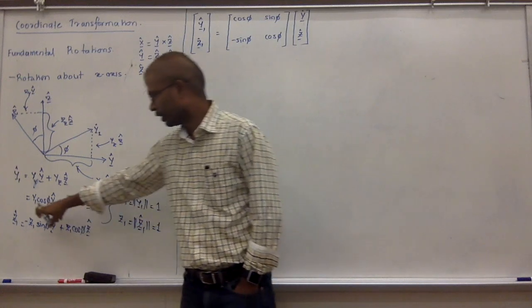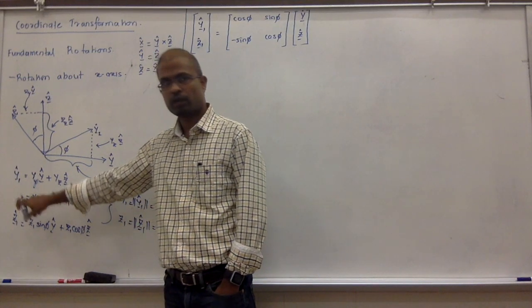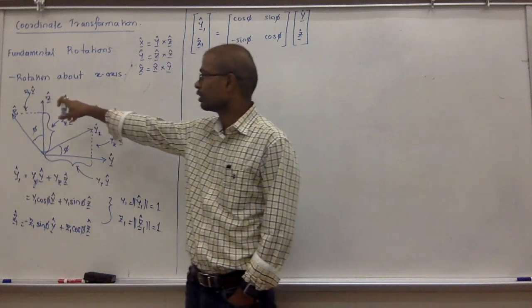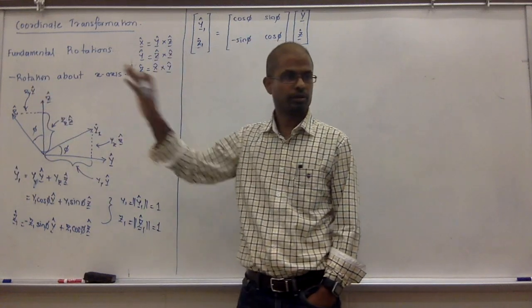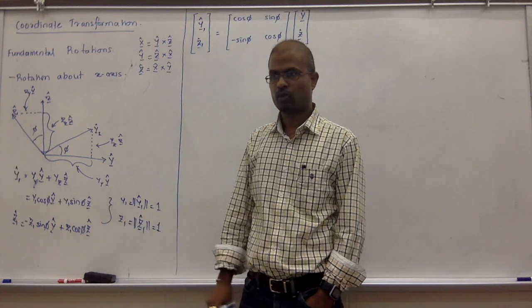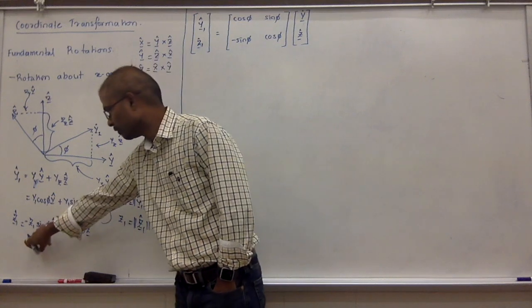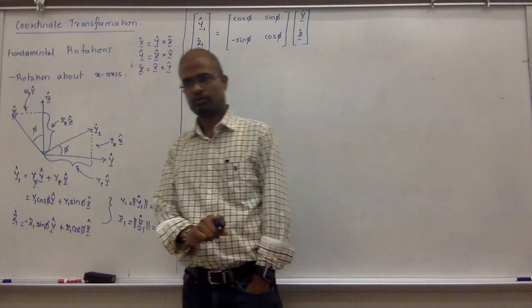So this is the magnitude, right? y1 is the magnitude, since y1 itself is a unit vector. We started with y1, z1, all are unit vectors. So if you take the magnitude, it will just be 1. So it will be cosine phi, sine phi, minus sine phi, cosine phi.